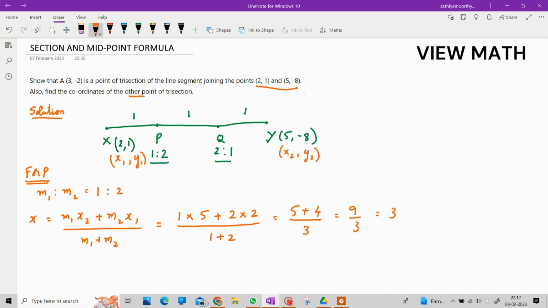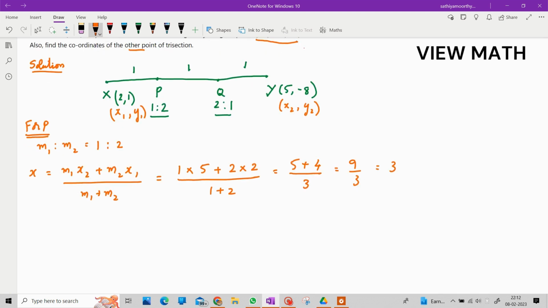Now let me find out the y coordinate. Using the section formula, y is equal to (m1 y2 plus m2 y1) divided by (m1 plus m2). m1 is 1, y2 is minus 8, plus m2 is 2, y1 is 1, divided by 1 plus 2.